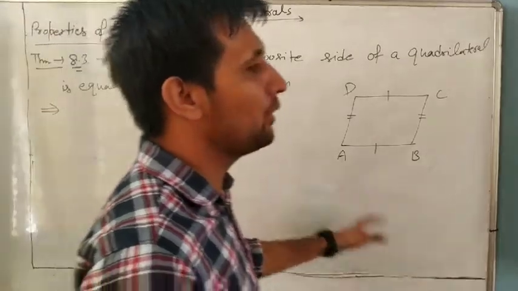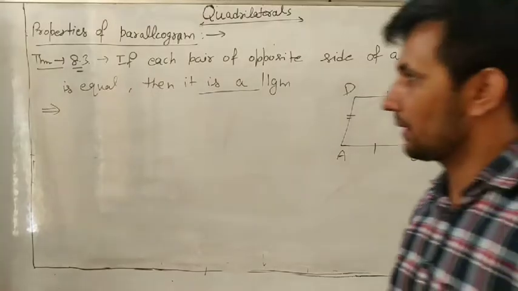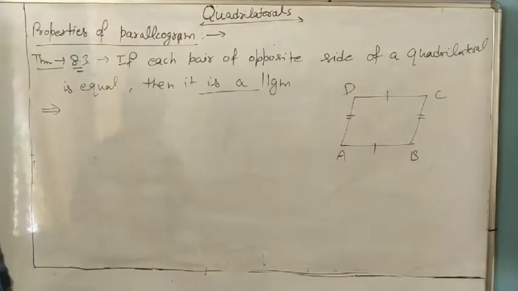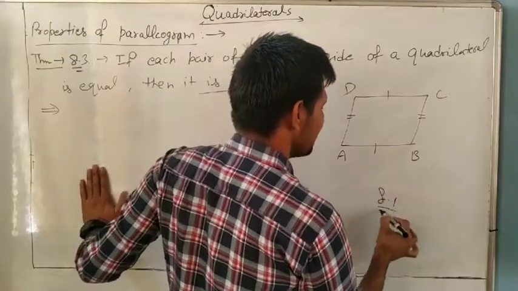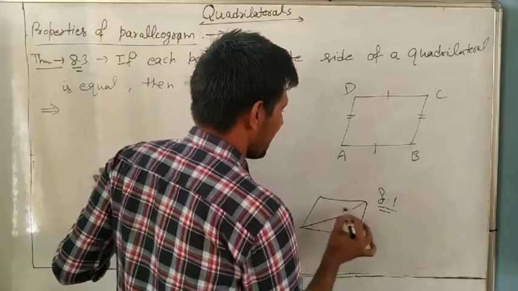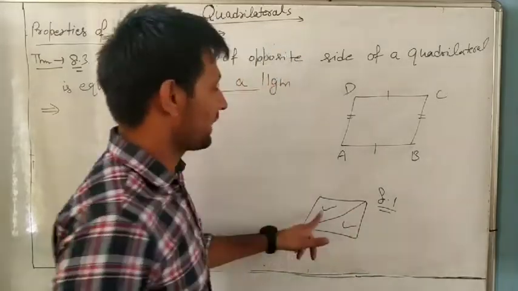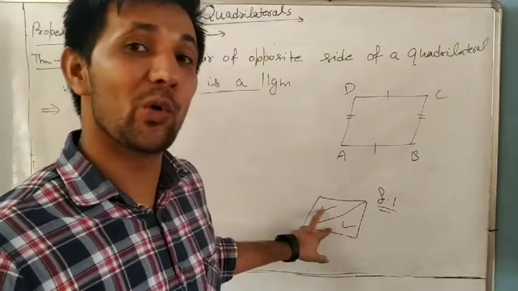And how will you prove that a shape is a parallelogram? Think. Yes, the 8.1 theorem we already discussed. What is it? In a parallelogram, a diagonal always divides it into two congruent triangles.